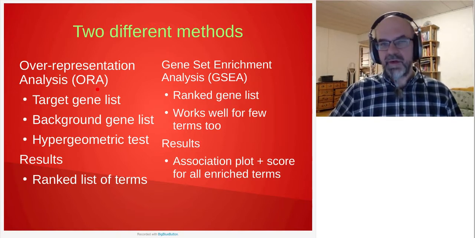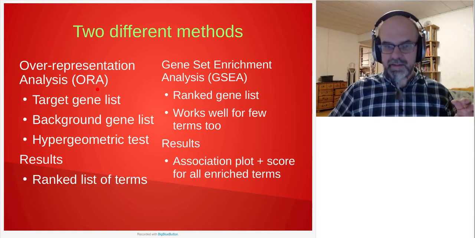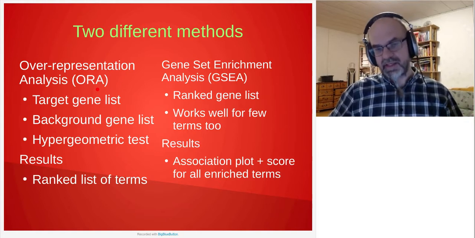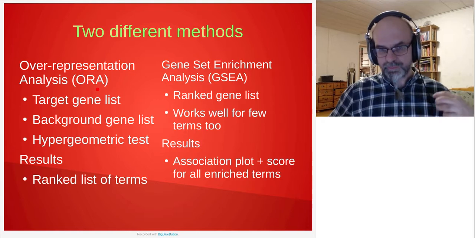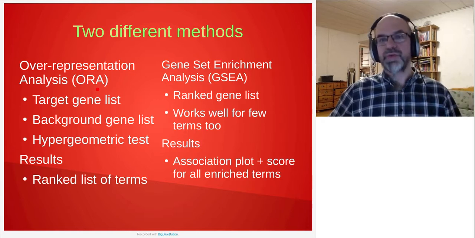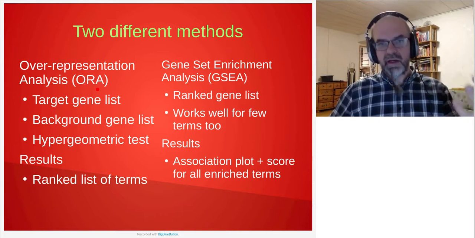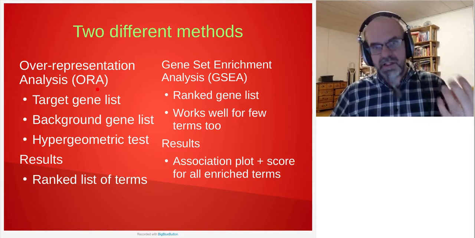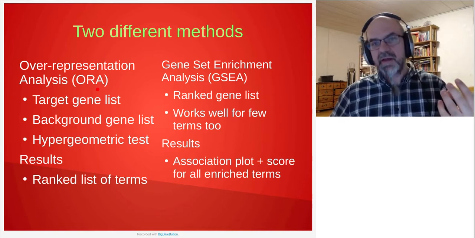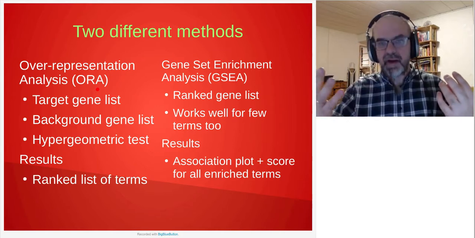They are working in slightly different ways, and the most important difference is what kind of input we should provide to these algorithms. When we are performing overrepresentation analysis, we have to compare a target gene list, which is the list of genes of our interest, to some kind of background list.